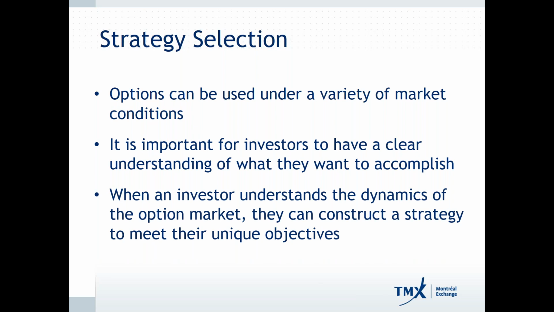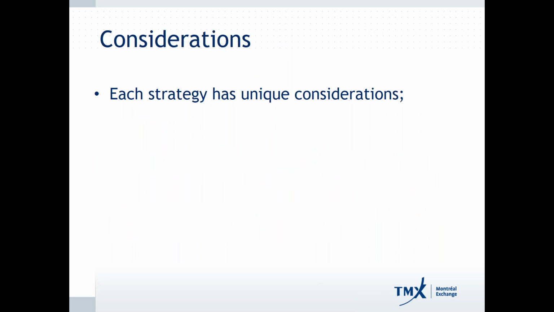You want to be able to stop and ask yourself, what is this option? How does it work? What do I want from this stock or this exchange traded fund, from whatever I'm trading the option on? And how do I select the right option to express the trade as to what I anticipate to actually happen?